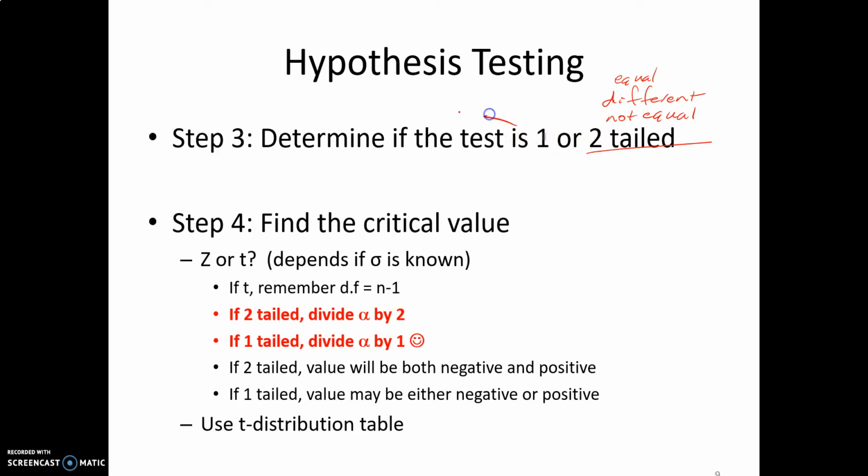For a one-tailed test, words like greater than, less than, more, at least. So you want to be looking for those words. That'll tell you if it's a one-tailed test or a two-tailed test.